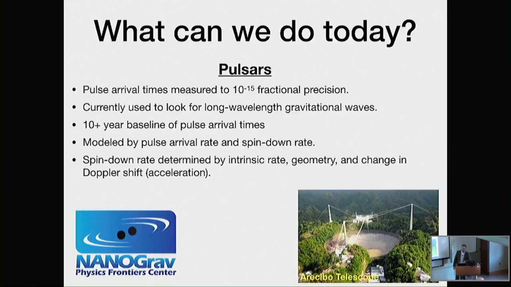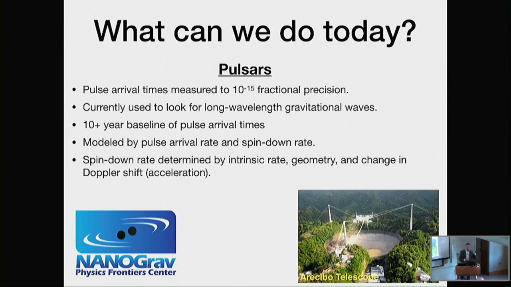And what these guys, NANOGrav is the US collaboration, there's a couple other collaborations around the world, are using pulsars to look for long wavelength gravitational waves, to see in the residuals of the arrival time of pulses from pulsars systematic variation associated with gravitational waves. And so they have spent the last 15 years very carefully observing pulsars.